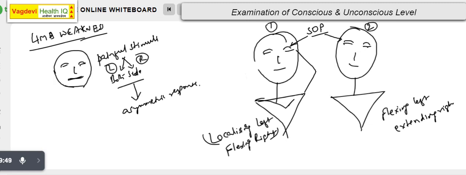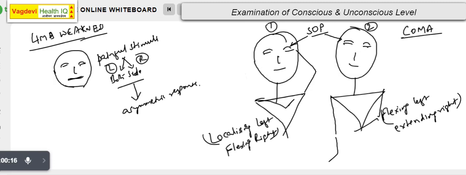Maybe this concept you will understand a little later, but this is a very good concept. Extending right and flexing left. Okay, so what is that? Both are in a stage of coma.